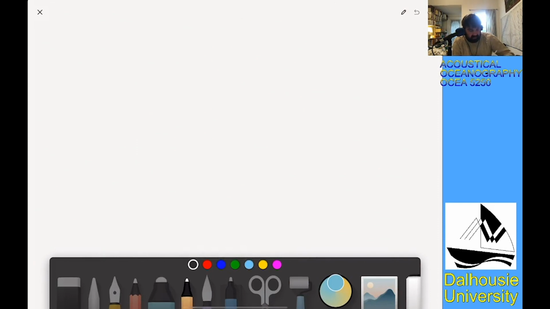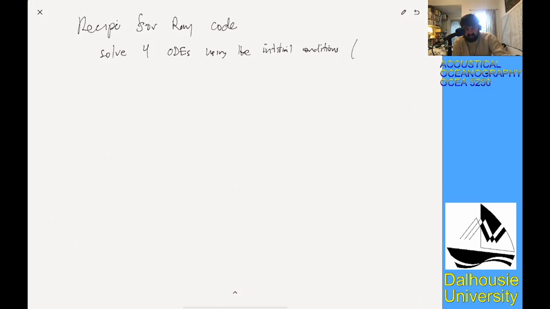So let's just write a little recipe here. We solve the ODEs using the initial conditions, and then we're just going to repeat that to propagate the ray.